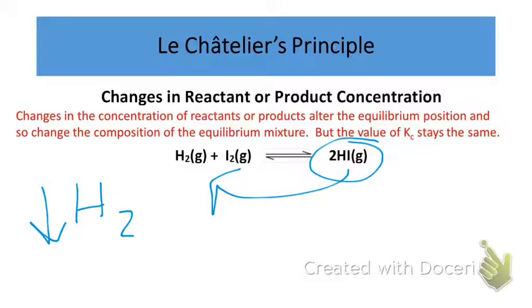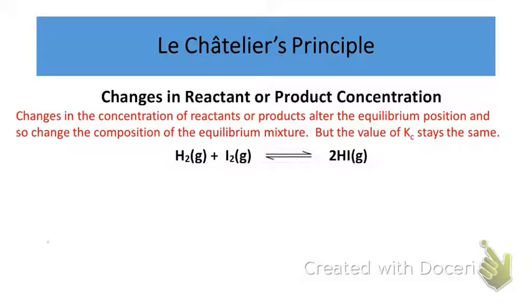So therefore the equilibrium position should shift to the left, creating more reactant, and our product concentration should go down. And then a new equilibrium state should be established. All right.